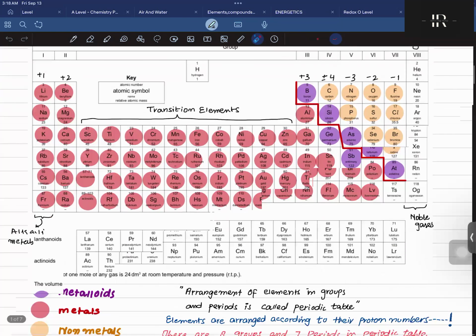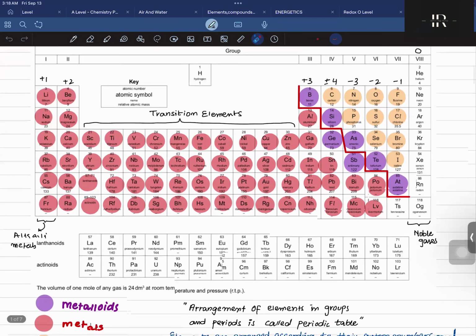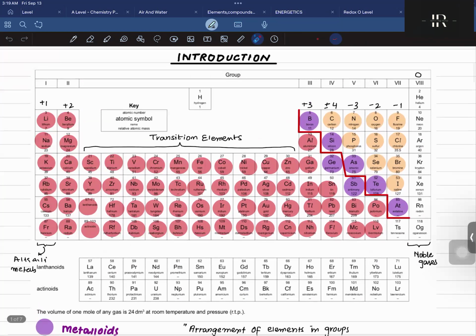And the basis of arrangement of different elements is the proton number. Proton number means that this is hydrogen, this is 1, then 2, 3, 4, 5, 6, 7, 8, 9, and 10. As the number increases, it's in increasing order.